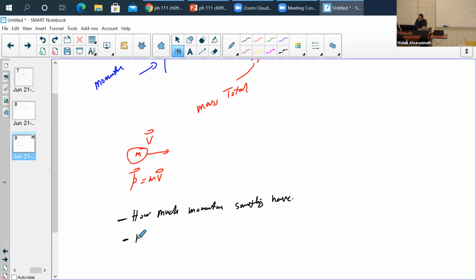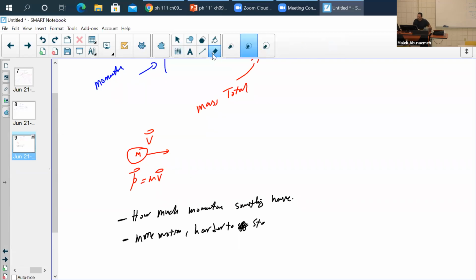Now, if something has more motion, it's basically harder to stop. Now, to change the momentum, you have to apply the force for a certain amount of time.